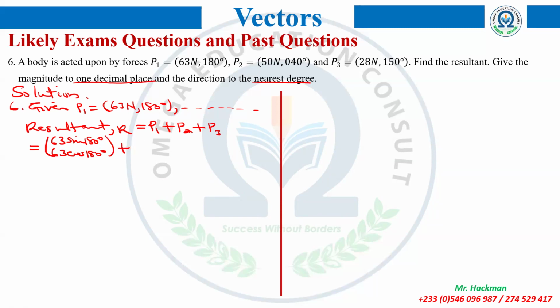Then plus your P sub 2, the column form of which will be 50 sine of the bearing angle, 40 degrees, then 50 cos of the bearing angle, 40 degrees. But that's not all. We are left with the third one, which gives us 28 sine of the bearing angle, 150 degrees, then 28 cos of the bearing angle, 150 degrees as well. All correct.